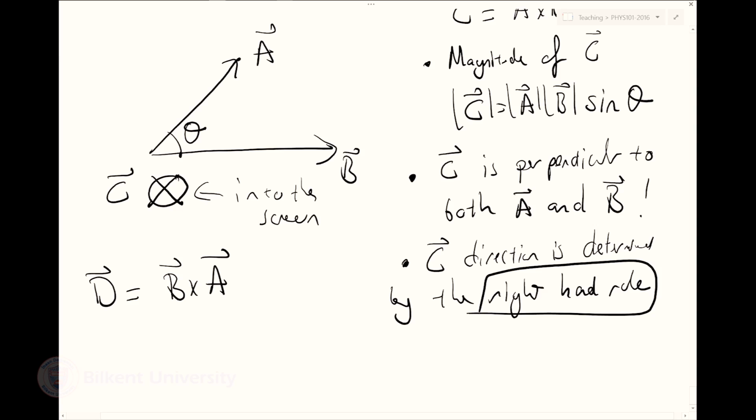I orient it so that I am facing the second vector. And I'm closing my hand from the first vector to the second. My thumb tells me it's coming out of the screen. So D would be coming out of the screen.